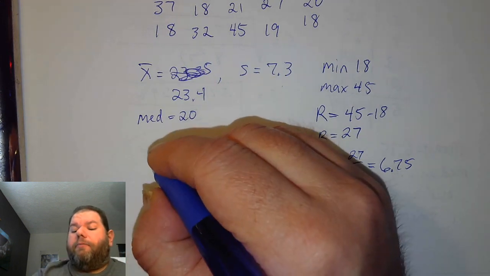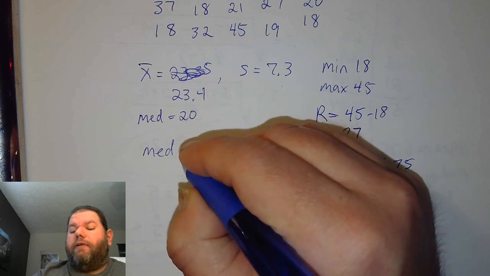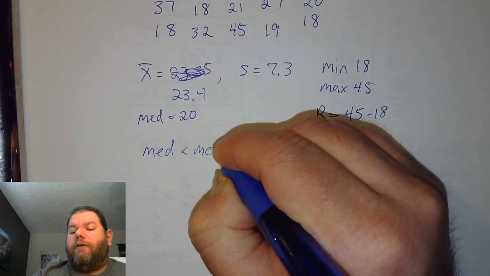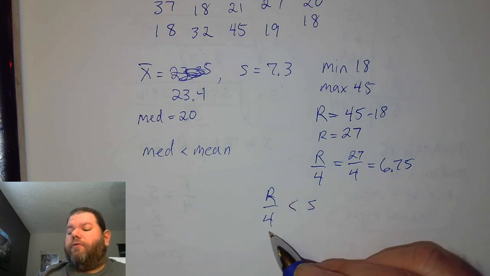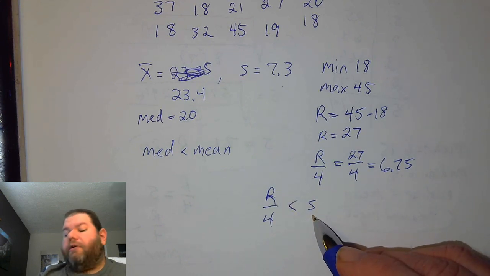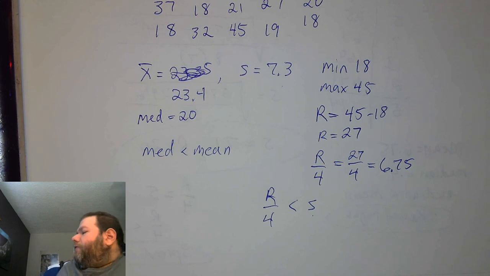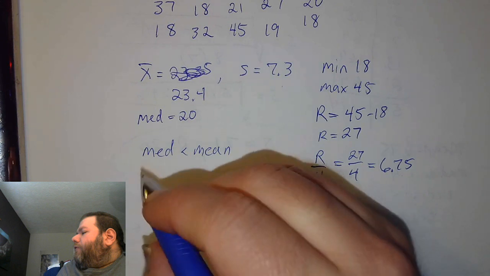Yeah, if our median is less than the mean, as it is here, and then our R over 4 is less than S, as we see here, then median being less than the mean, we can go ahead and say that is skewed. This one actually means skewed right.